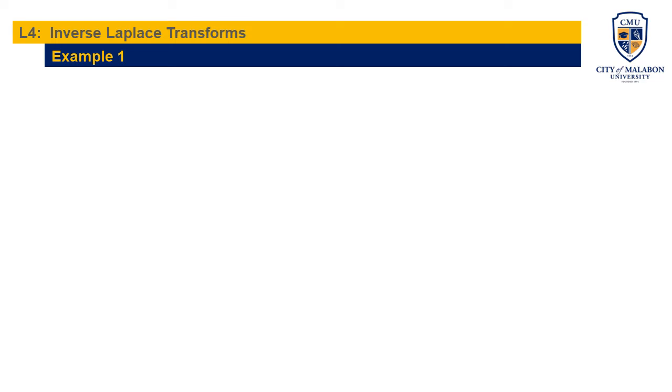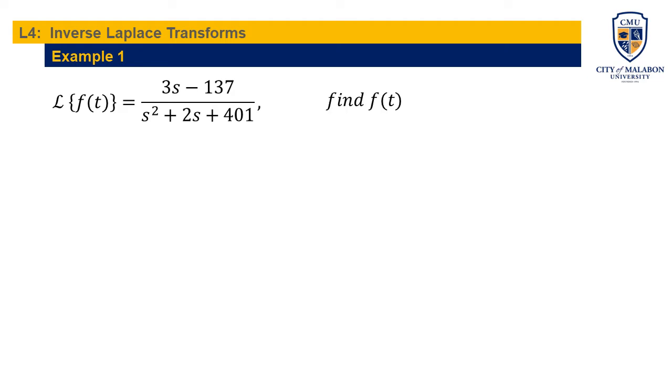So, for our first example, we are to find the function f of t given this Laplace transform. We have here a Laplace transform of 3s minus 137 all over s squared plus 2s plus 401.